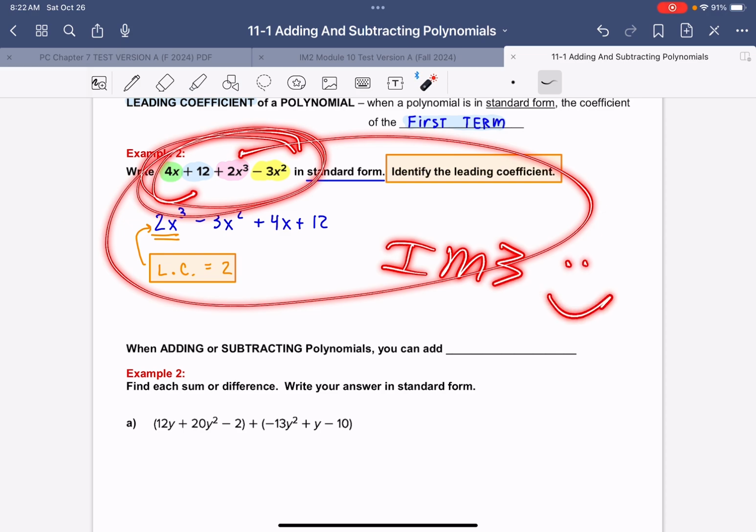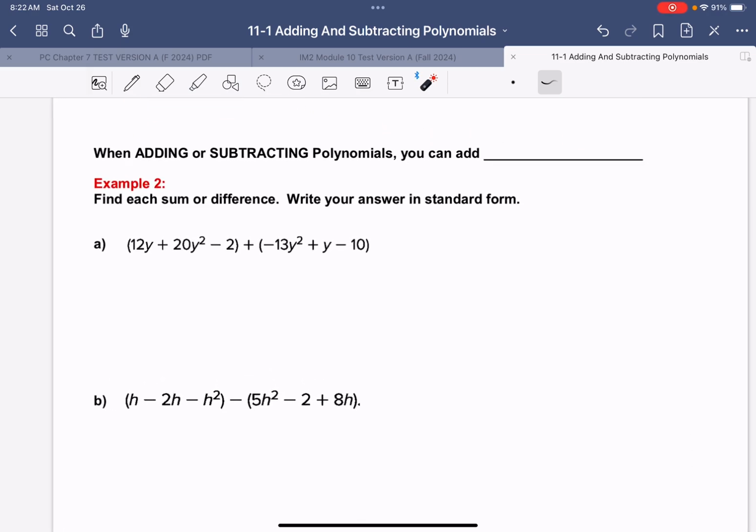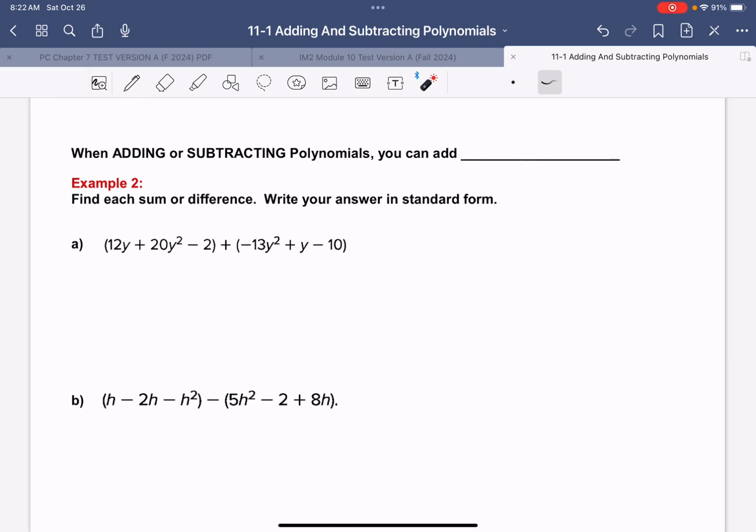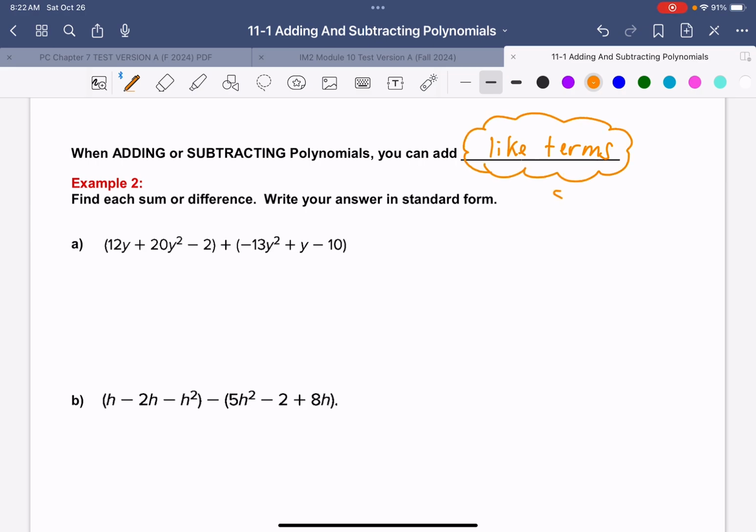All right, now we get to add and subtract polynomials. You may have done this in previous terms, but when we add or subtract polynomials, we can only add like terms. Now, what makes something be a like term is they have to have the same variables and exponents.